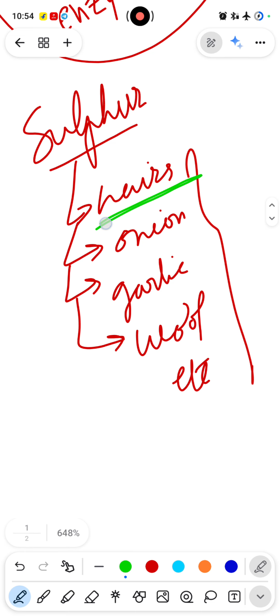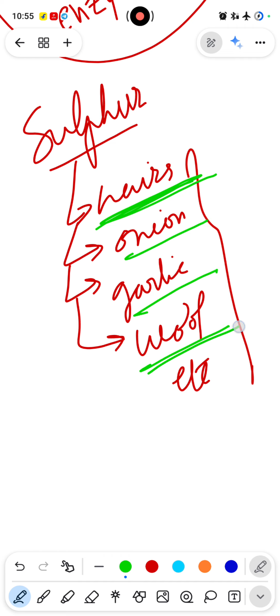Sulfur compounds are even in our hairs. Onion we eat daily, garlic we eat daily, the wool we wear, clothes. This all has sulfur compounds. So that's why non-metals as well as metals are both important. Okay. So we have completed that much.